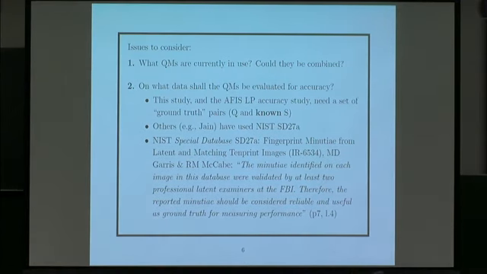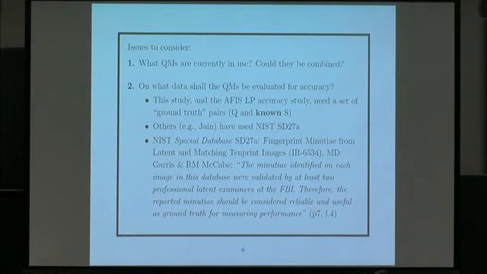So what quality metrics are currently in use? We spent last year talking to a number of people about that. On what data should these be evaluated for accuracy? Ideally, what you want is ground truth. We saw Jeff put that finger right there, and then we got his 10-print card, so we know that.